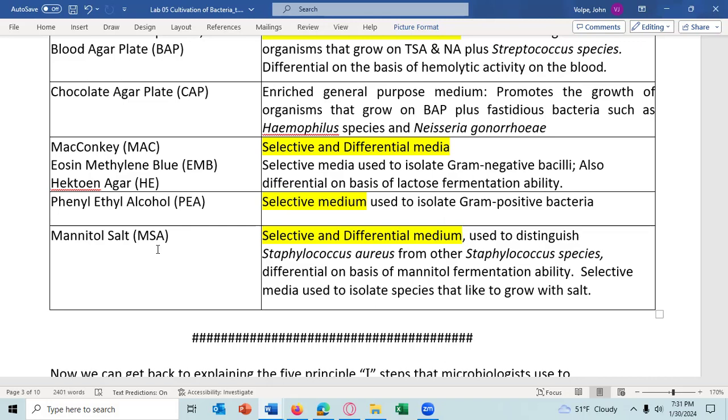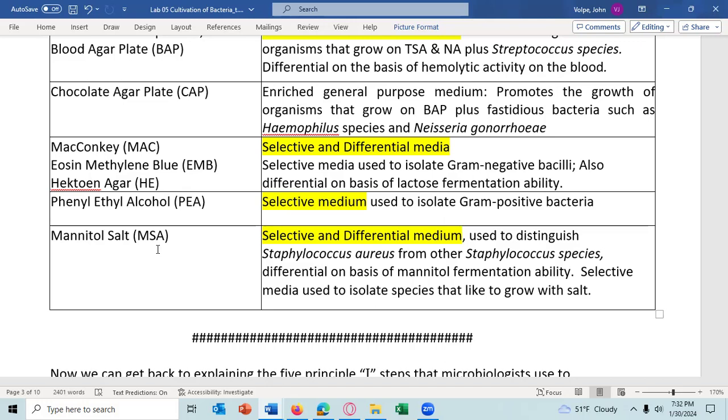Anyways, it's a lot of salt in the mannitol salt agar plates, and it's much more salt than an isotonic solution, which many organisms prefer to grow in.